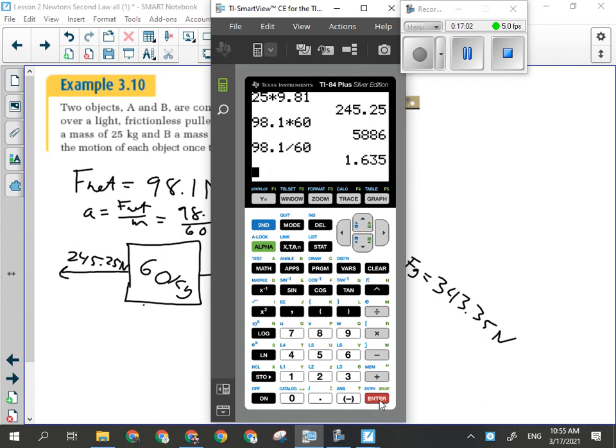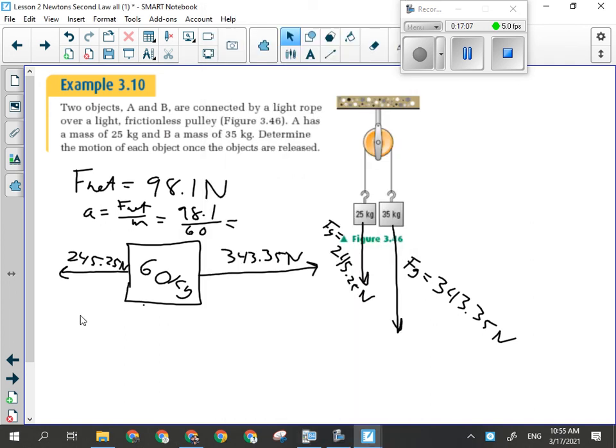Okay, 1.6, and we only have two significant figures here, so 1.6 meters per second squared is the acceleration of the system. It asked, what's the acceleration of each object? How is that going to be different? The directions. So I would have to say here, the acceleration of the 35 kilogram mass is 1.6 meters per second squared down. The acceleration of the 25 kilogram mass is 1.6 meters per second squared up.